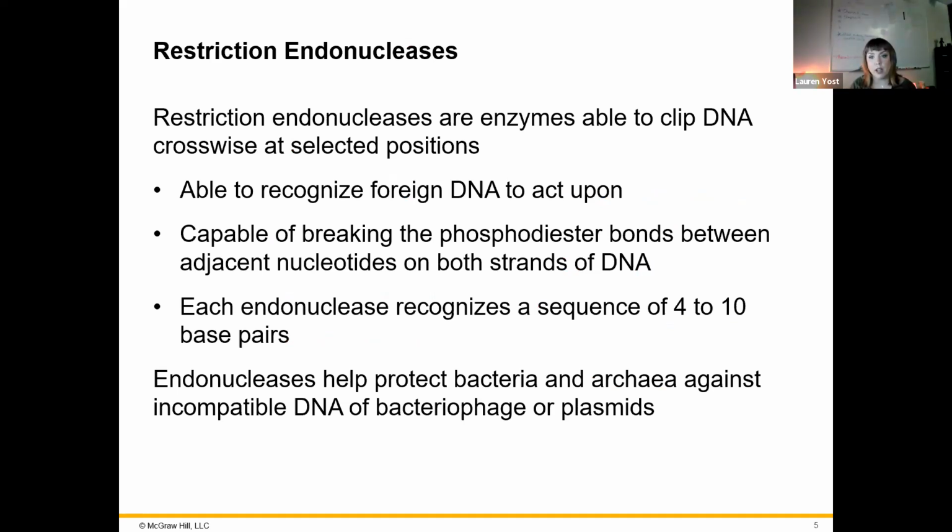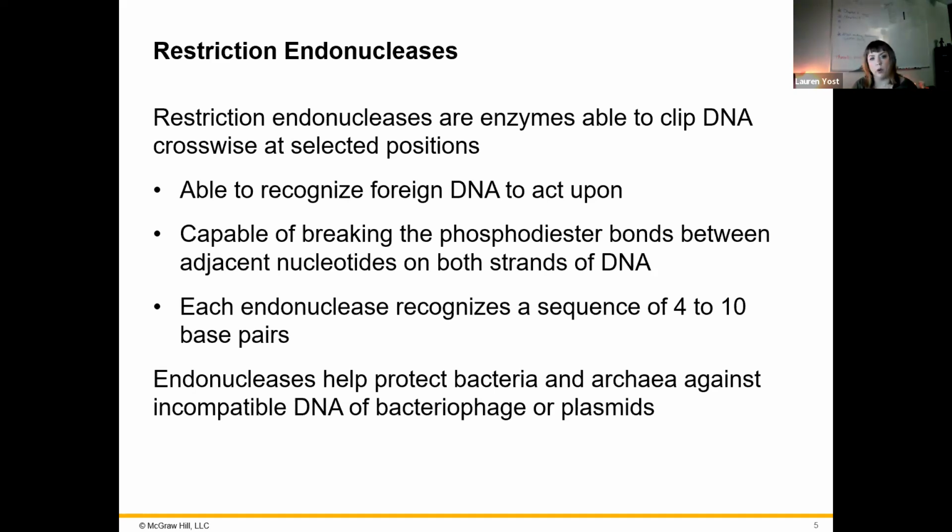First, we have restriction endonucleases. These are enzymes. Enzymes are proteins that help a chemical reaction occur and overcome the activation energy, or the energy required to achieve the goal of the reaction. Restriction endonucleases are enzymes that can recognize DNA, typically in wild type bacteria.